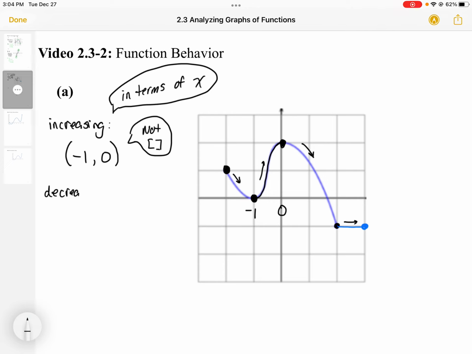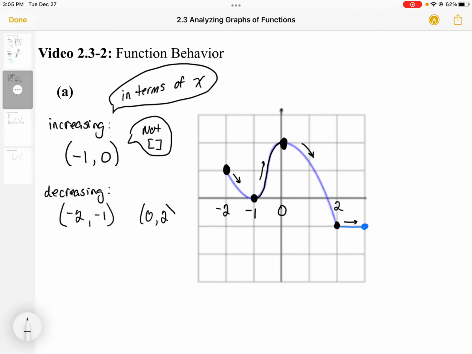How about when it's decreasing? It's decreasing from this first point when x is at -2. It decreases until it gets to -1. Okay, that is the first interval that is decreasing. The next interval is from 0 until x is 2.